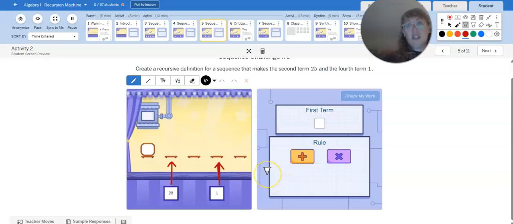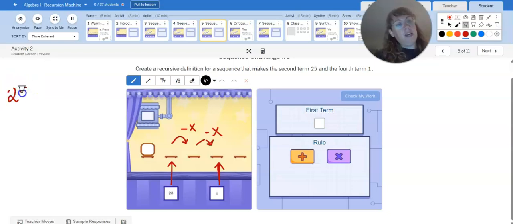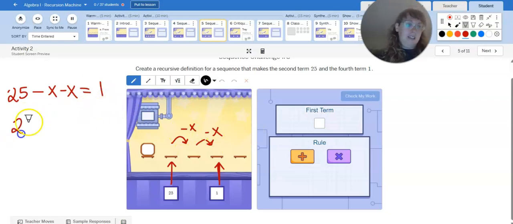So let's think about a constant difference first. The numbers are getting smaller, so we're definitely subtracting. So 25 minus some x and then minus another x would get us to 1. So we're at 25 minus x minus x equals 1. 2 of these minus x's is a negative 2x.